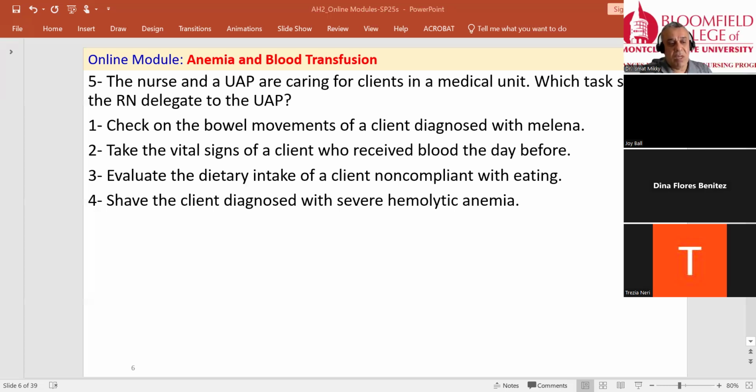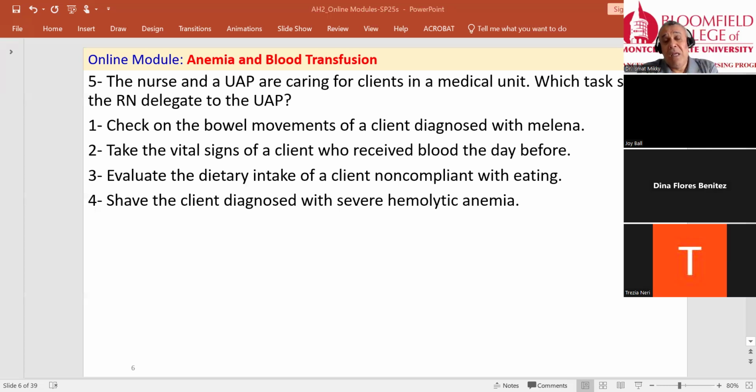So the patient will be at risk not just for infection, but also for bleeding. That's why number 4 should not be assigned or delegated to the assistive personnel.